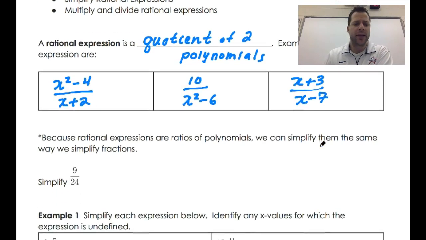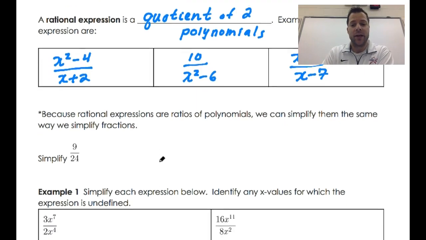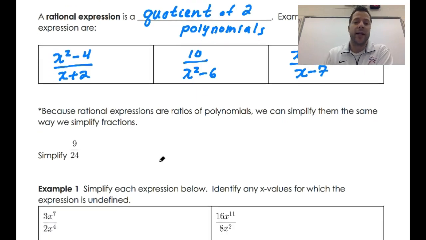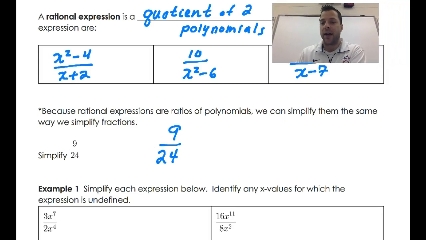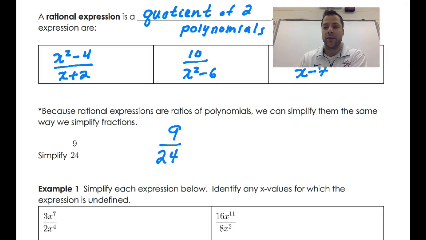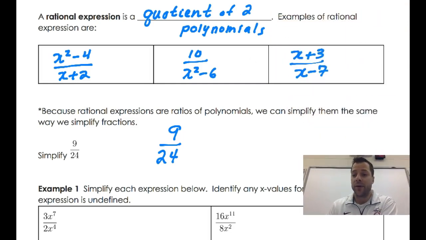Now it's important to realize here, because rational expressions are ratios, fractions, of polynomials, we can simplify them the same way we do with other fractions. So if we had 9/24, simplify 9/24, hopefully you see that 3 goes into both of those. 3 goes into 9 3 times, and 3 goes into 24 8 times.